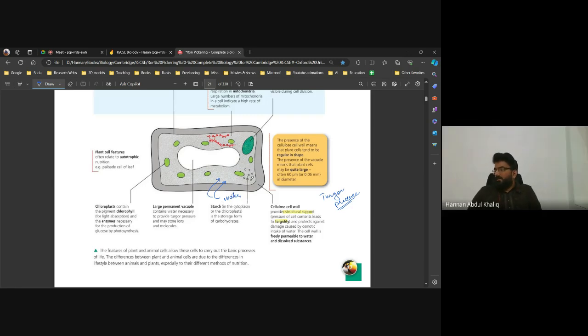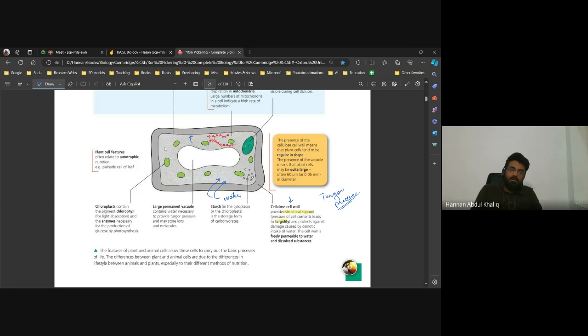The reason for not bursting is that when the water gets in, the cell wall is such a strong structure because of cellulose that it tolerates all that pressure the water is applying.